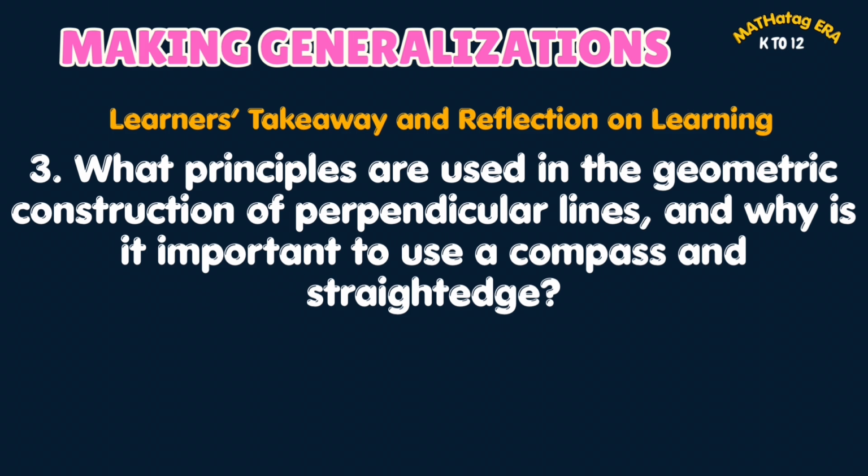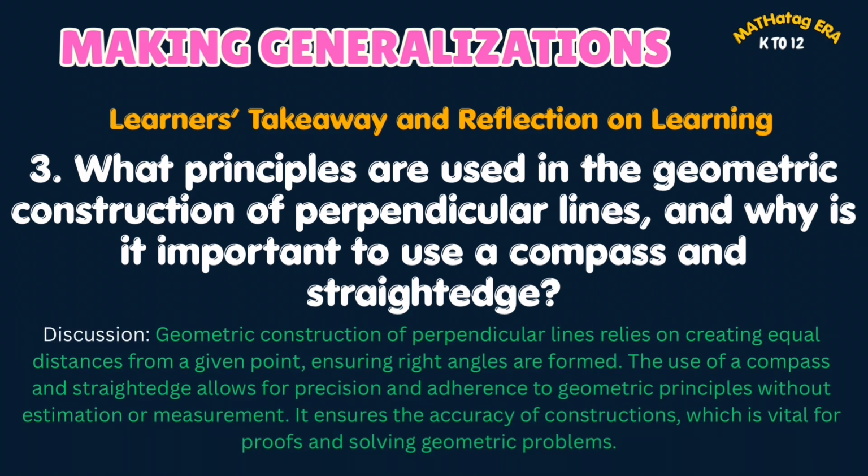What principles are used in geometric construction of perpendicular lines and why is it important to use a compass and straight edge? Let's recall the construction of perpendicular lines. How do we create it? Do we estimate where the right angle should be? No, we use geometric principles.